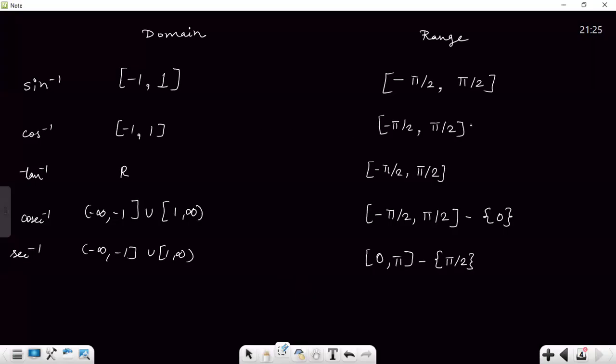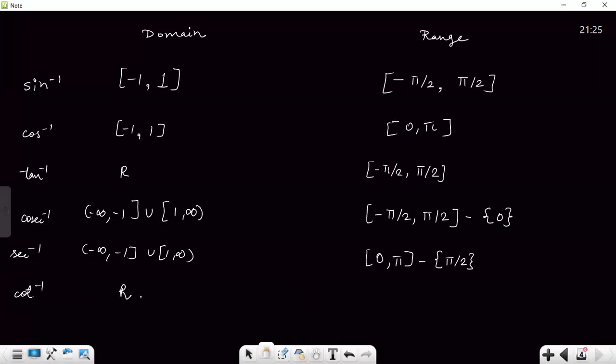For cos inverse also, it is from 0 to pi. And then left is cot inverse.